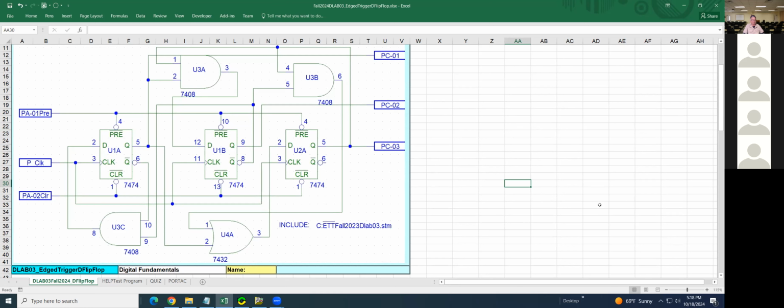L1, L2, L3, L4. We don't care about A or B or C or D. Okay? How many inputs? Two. How many inputs? Two.